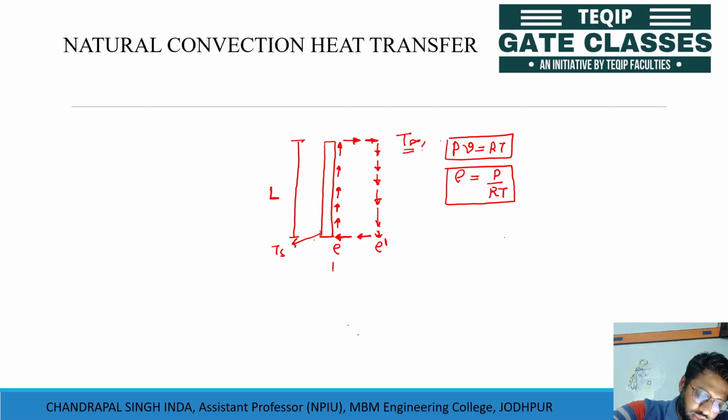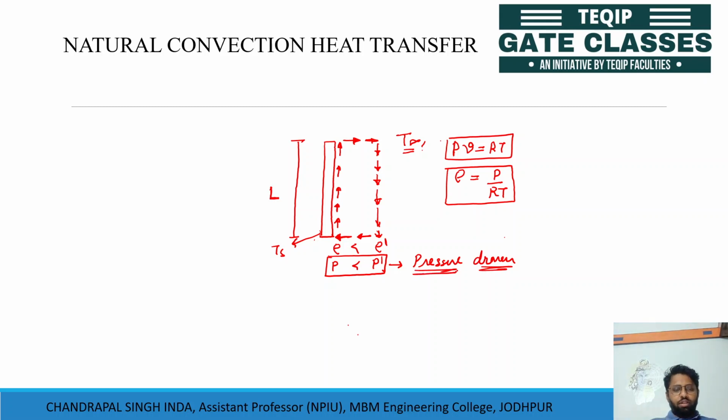So by this we have P or P dash, and we can say that the fluid flows from higher pressure to lower pressure. So this result is obtained, and we can say the flow is pressure driven.